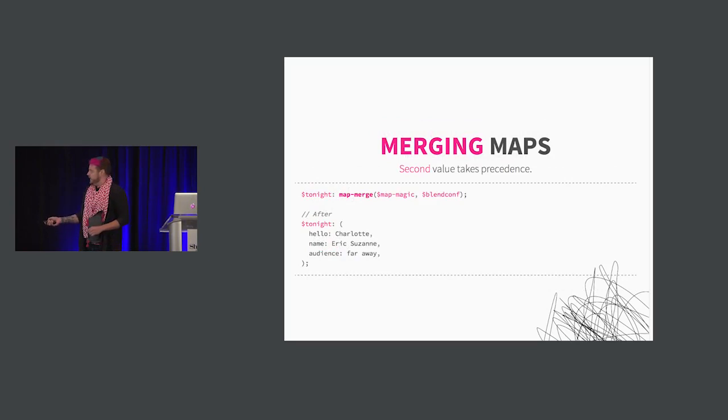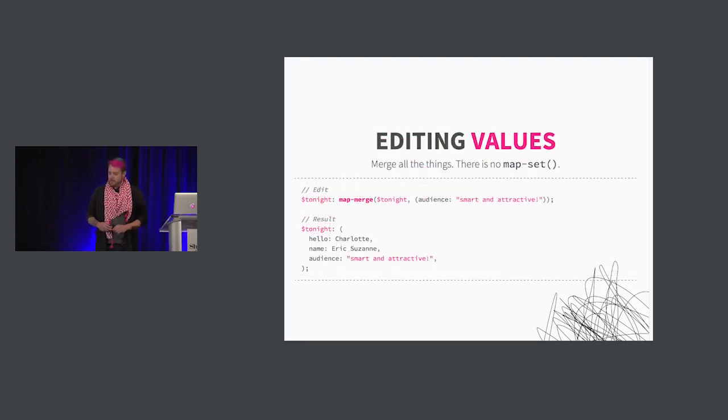So the key from BlendConf overrode the key from Map Magic. So, oh, the audience is no longer far away. So we should change that. We can edit the value in a map also using map merge because there is no map set. Some people have complained about this. I built a map set and it turns out to not save you any time or help in any way. So you can just use map merge.